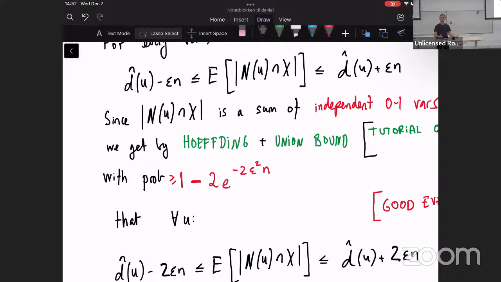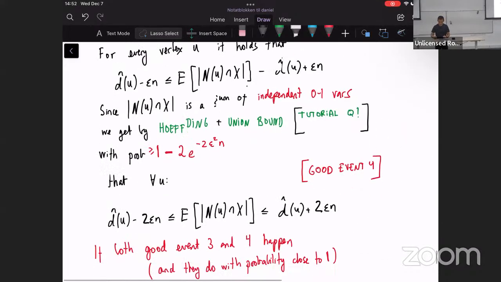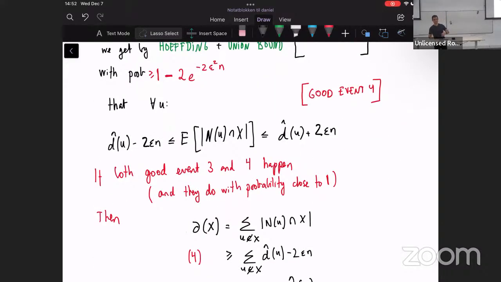It's one of those things that it's just better to do it yourself. So we know that the expectation is the right thing. Apply Hoeffding and union bound. All the vertices will have close to the correct number of neighbors in X with high probability, where close to correct means we pay another additive term of epsilon n.